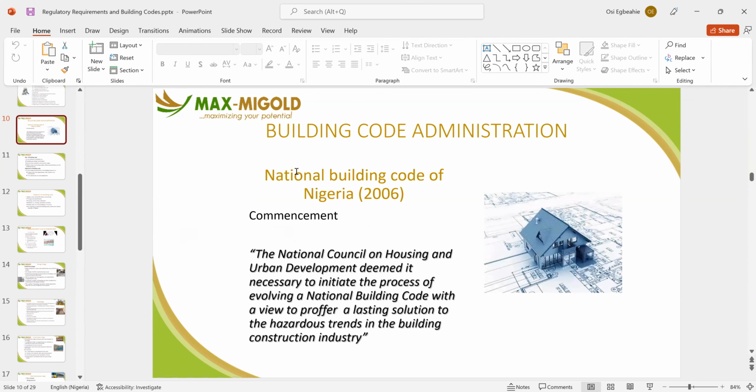Building Code Administration. The National Building Code of Nigeria was first released in 2006. This code is being revised presently. The National Council of Housing and Urban Development deemed it fit to initiate the process of evolving a national building code with a view to offering a lasting solution to the hazardous trend in the building construction industry.